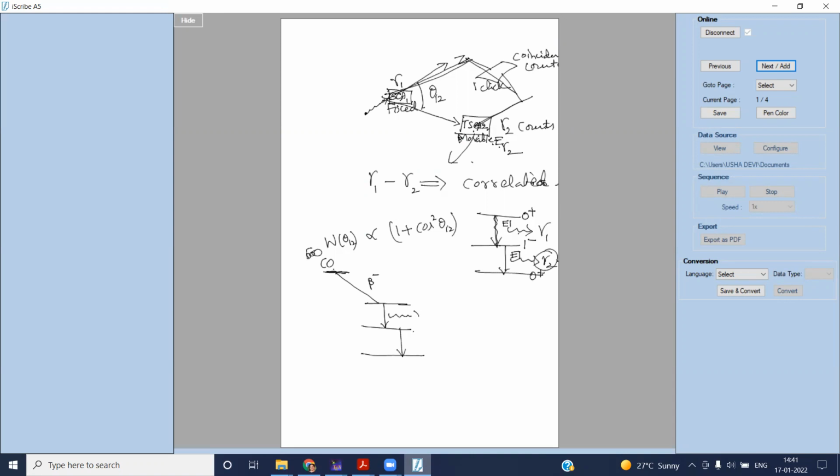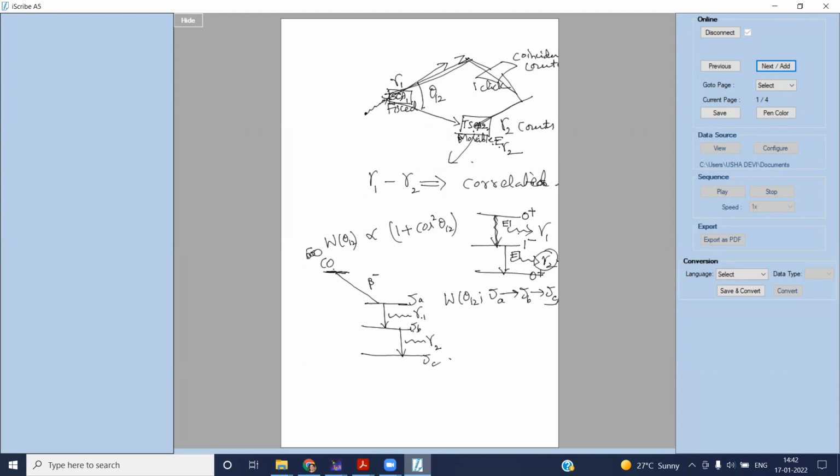There is a gamma 1, there is a gamma 2. And this gamma 1 has some energy, dipole moment, and all that. I calculate what is the W(θ12) for JA going to JB, going to JC. That is, this is JA, this is JB, this is JC, let us say.